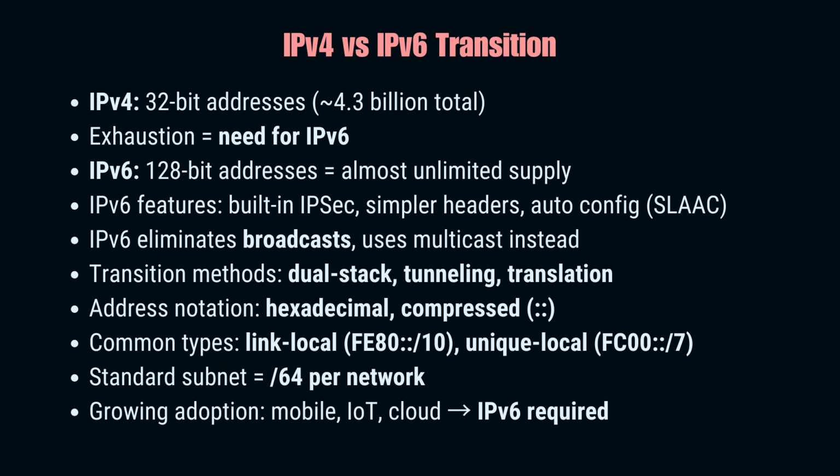For the CCNA exam, understand basic IPv6 address structure with network prefixes, typically /64, interface identifiers derived from MAC addresses, and special addresses like link local, FE80::/10, and unique local, FC00::/7. IPv6 adoption continues growing as mobile devices, IoT, Internet of Things, implementations, and cloud services demand more addresses than IPv4 can provide.